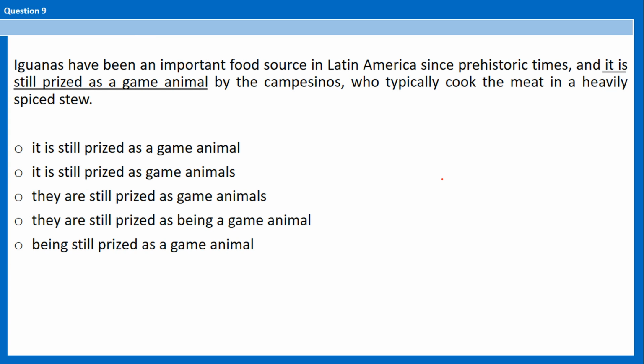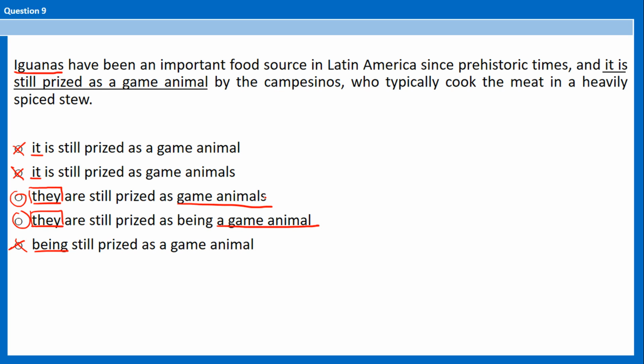Number 9. Okay, this one has the classic split between it versus they and being, and just remember it is singular, but I'm talking about iguanas. I cannot use it, and I need something plural to refer back to iguanas, so it's either C or D. Now the only difference is game animals versus a game animal.